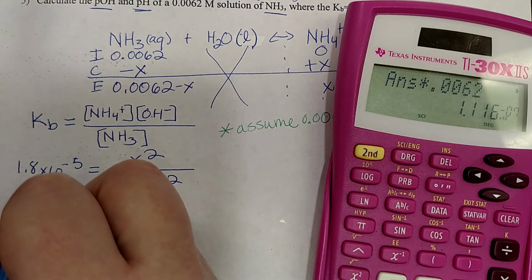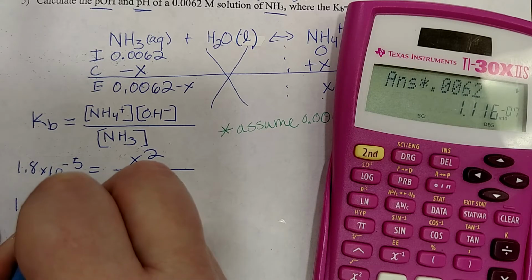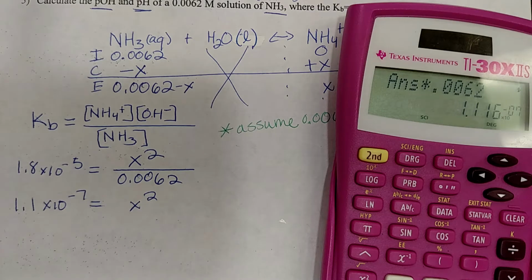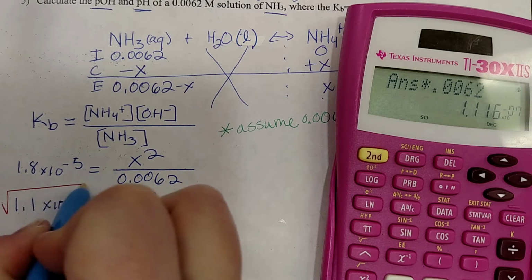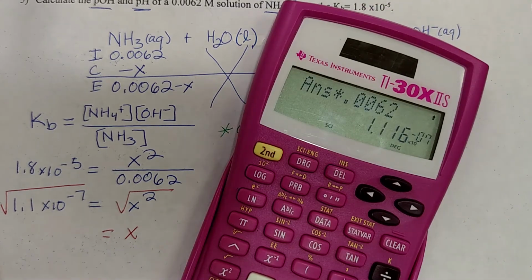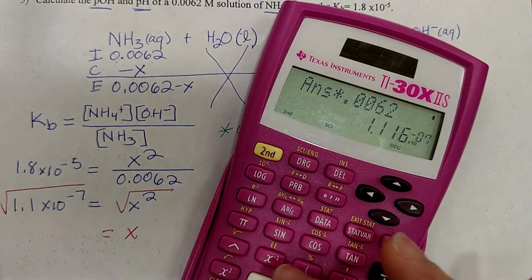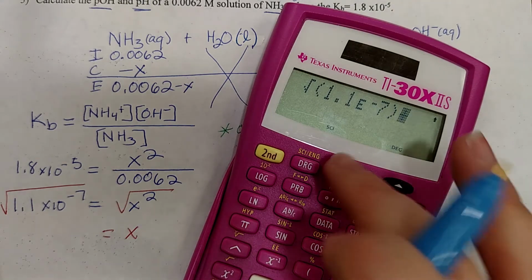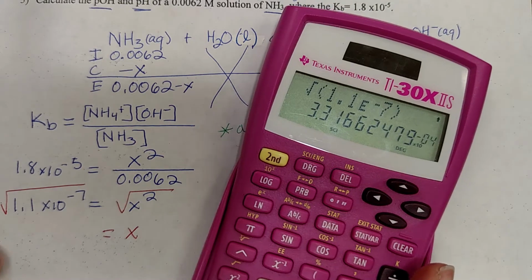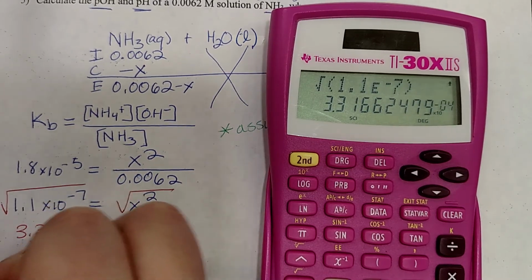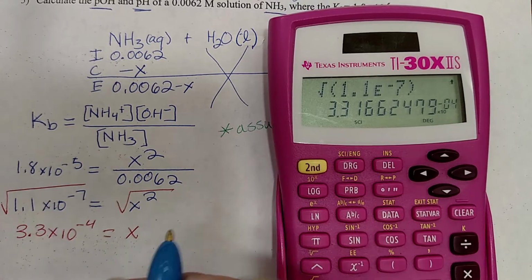So 1.1 times 10 to the negative 7 equals our x squared. And we can go ahead and do our square root of both sides. Find that x equals 3.3 times 10 to the negative 4. Get our x value.